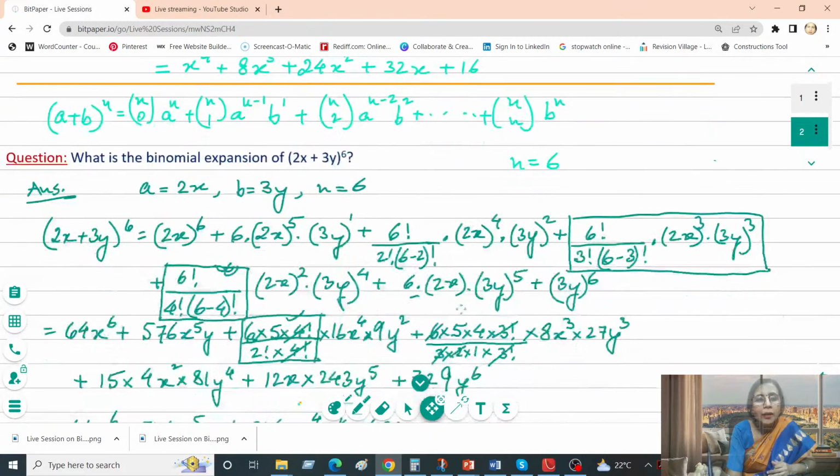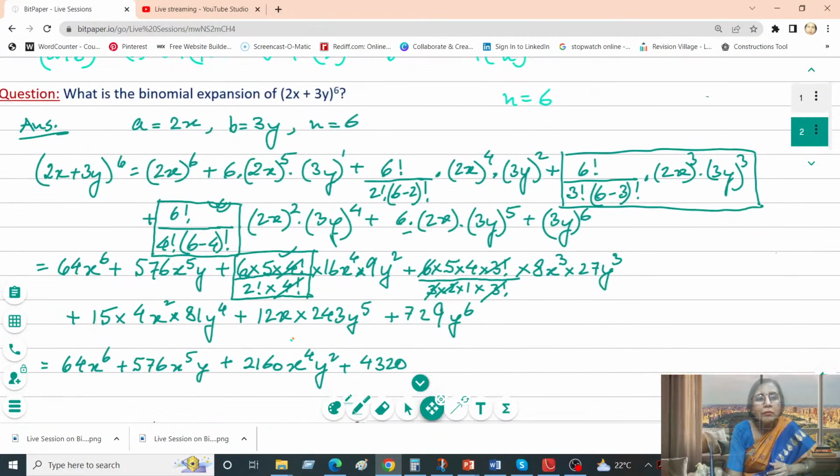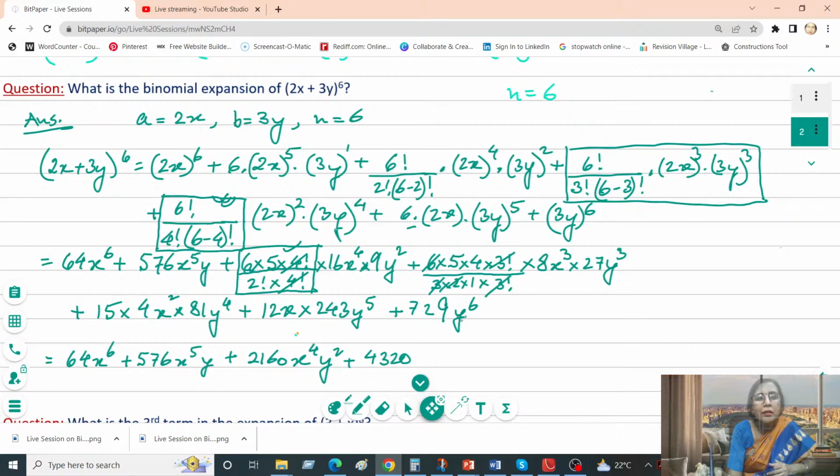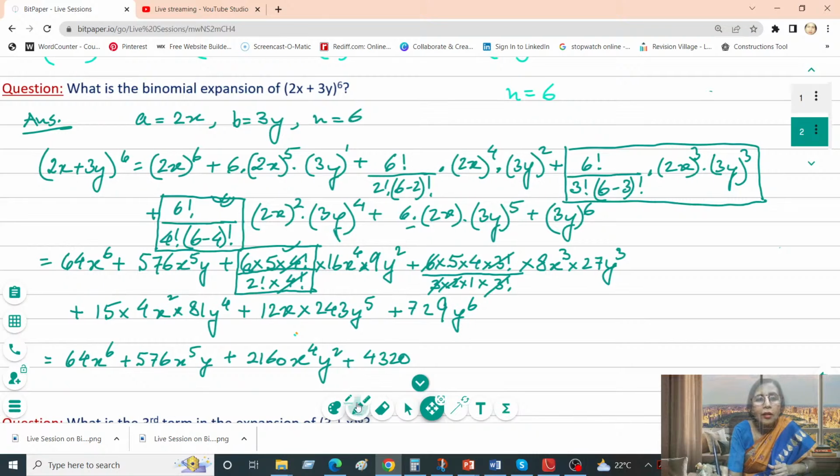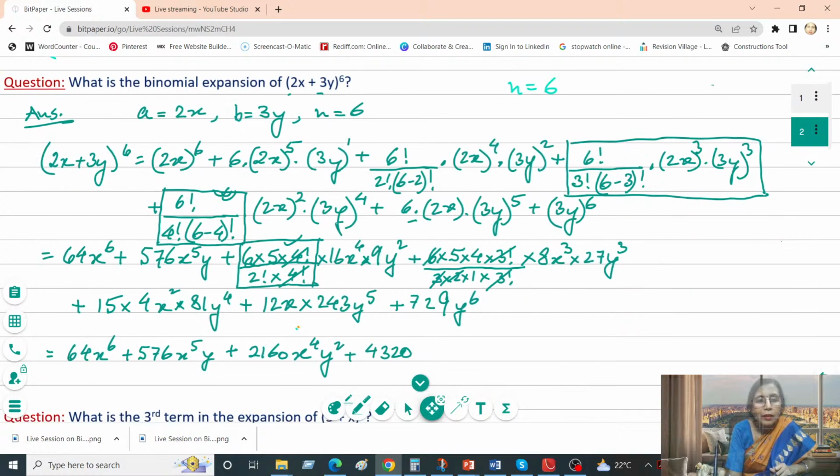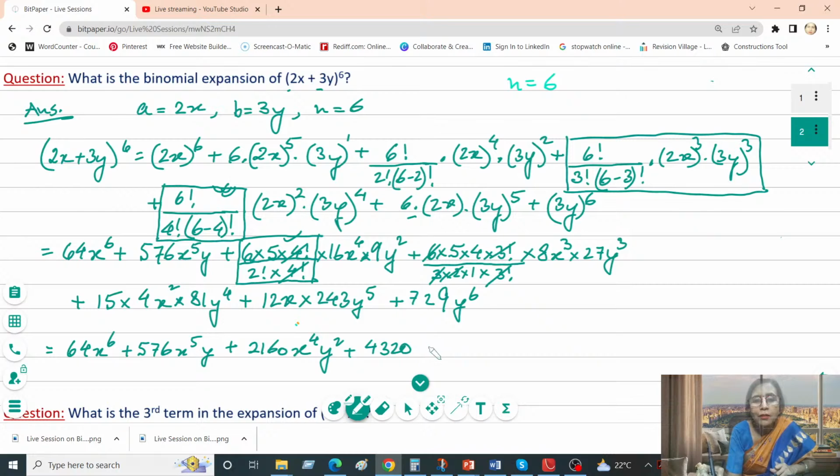But this one you are having 7 terms and there are 2 and 3, the numbers over here in the terms also. So the coefficients are becoming really large. So this will be a paper 2 question, no doubt about that. Don't worry that you will be asked to multiply them manually. No one will be asking you.